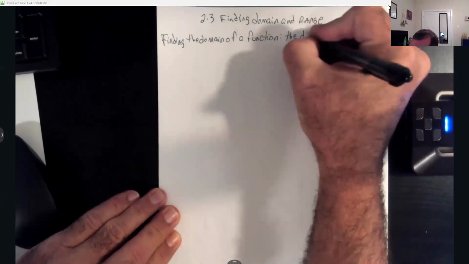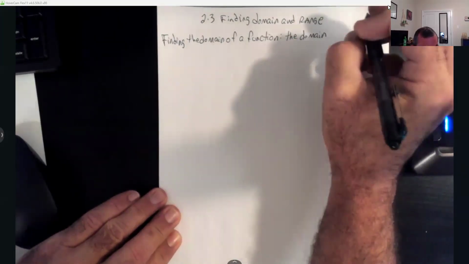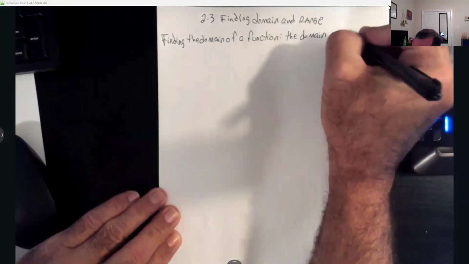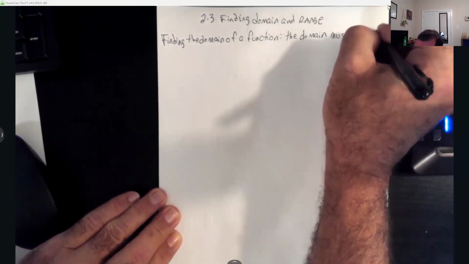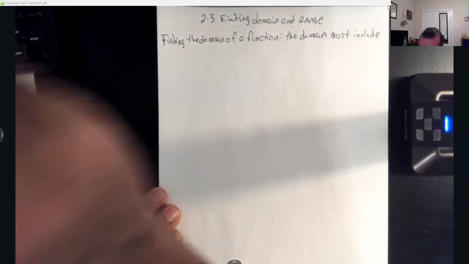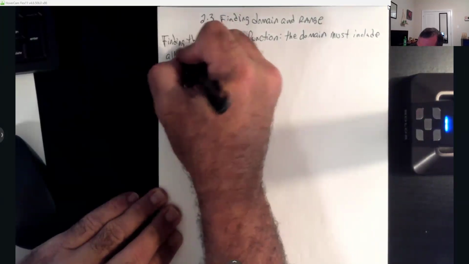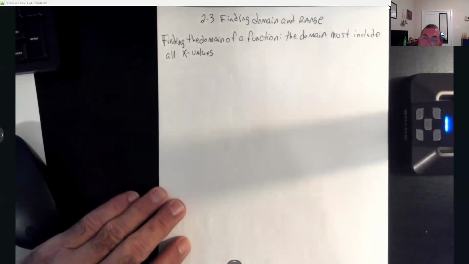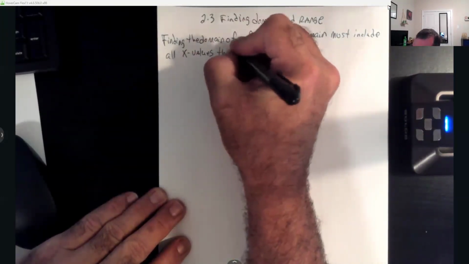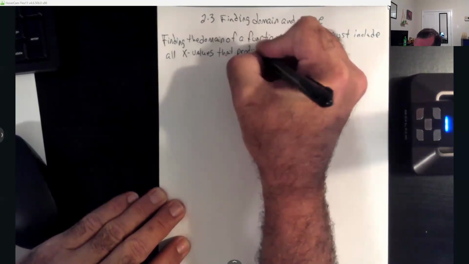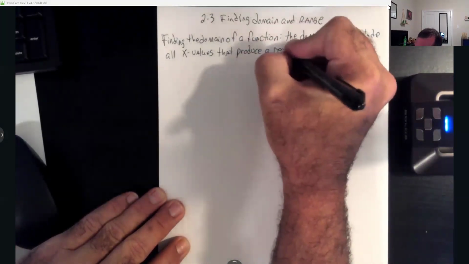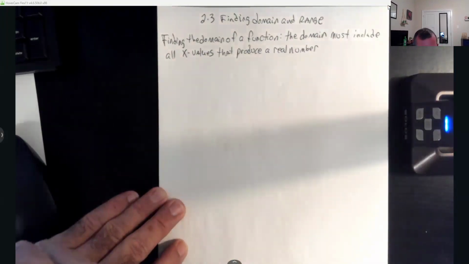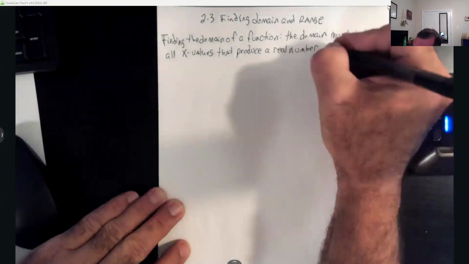So the domain must include all x values that produce a real number when substituted into the function.